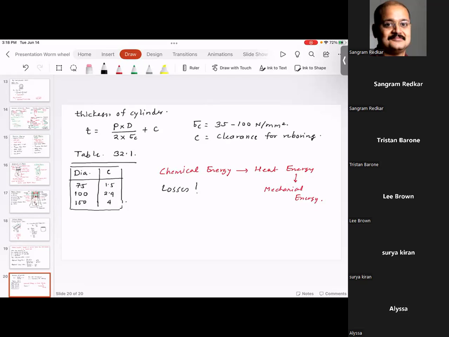So we have different types of power. The first and foremost is something called the indicated power. This is the power generated in the combustion chamber.